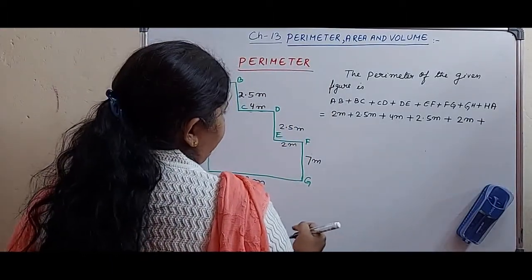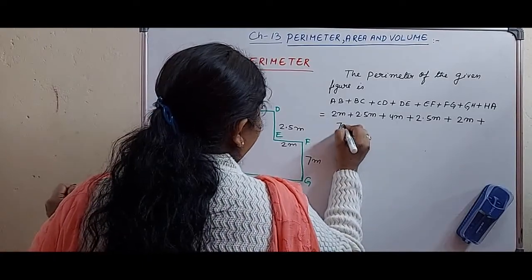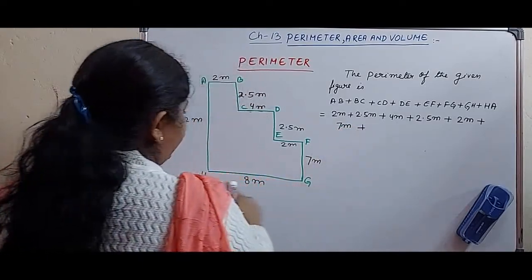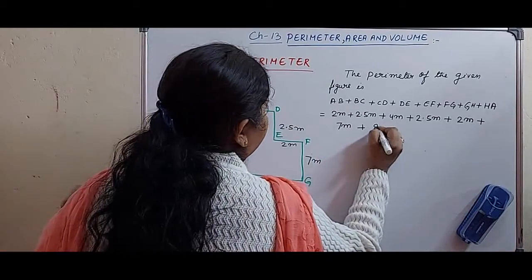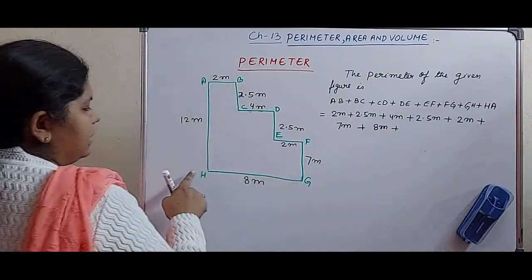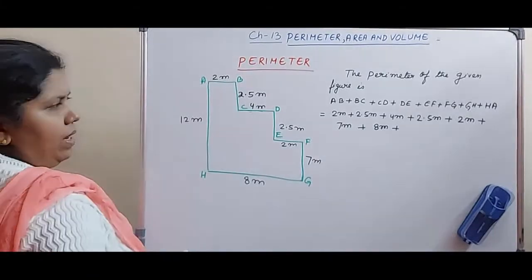EF is 2 meter, so FG is equal to 7 meter, plus GH is 8 meter, plus last one is HA, that is 12 meter.